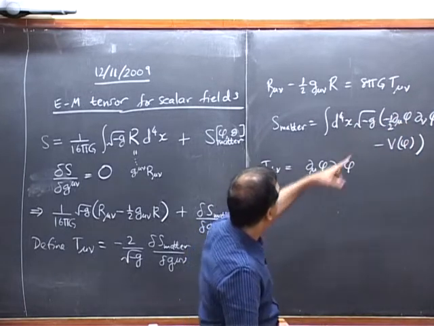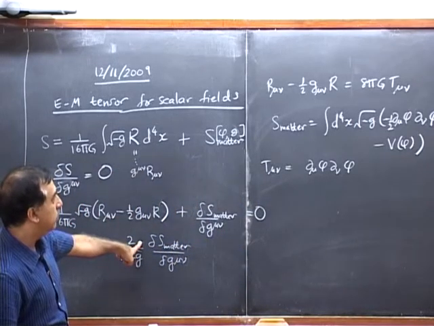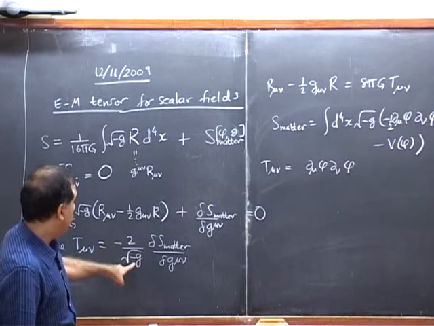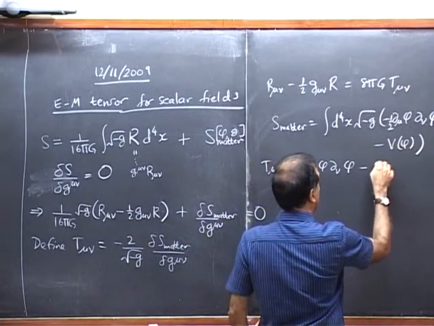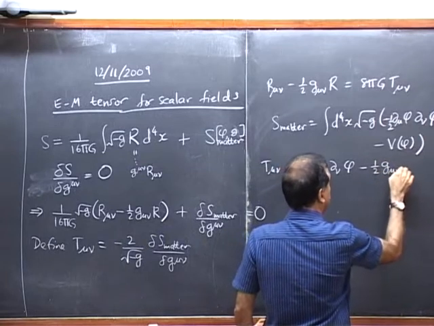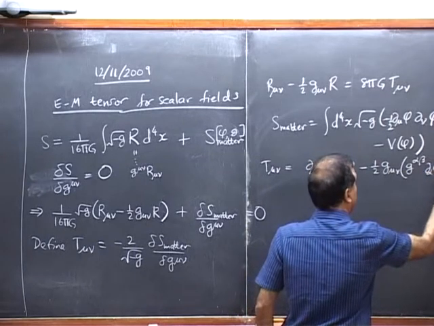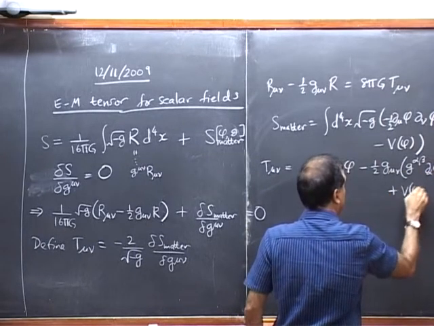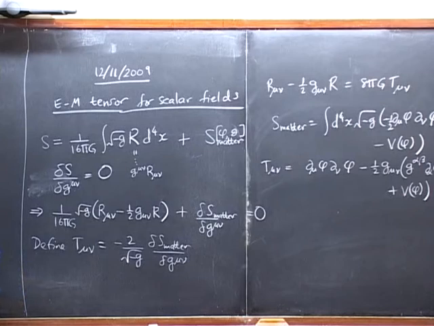The half goes because of this 2 multiplication, minus 2 removes that minus sign, 2 removes the half, 1 by this removes the root minus g, and so I have this as the first term, and then the rest of it is minus a half g mu nu times g alpha beta del alpha phi del beta phi plus V of phi. So this is T for a scalar field. This much should not surprise you.